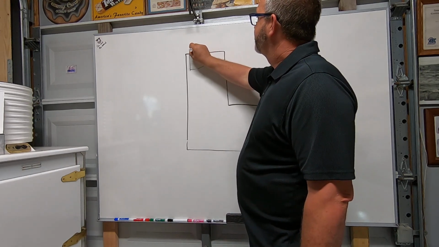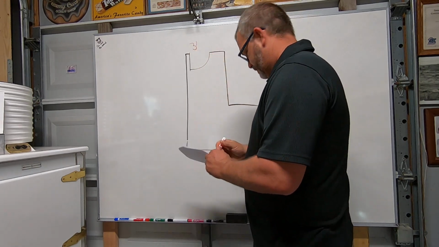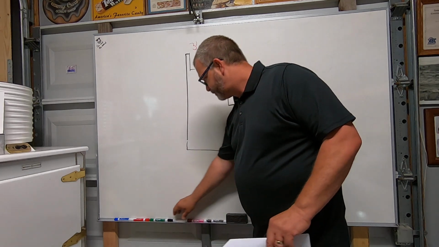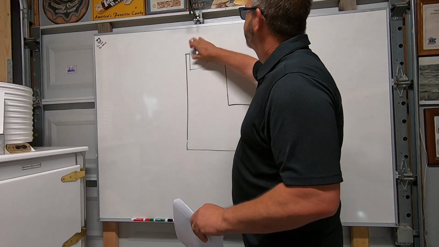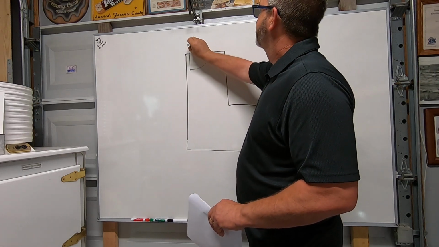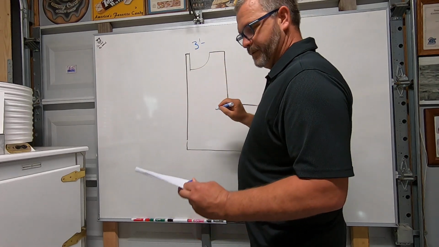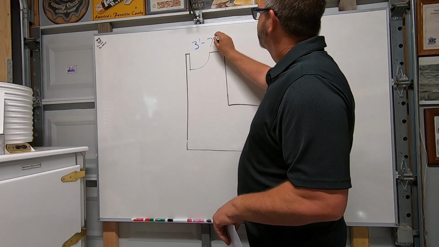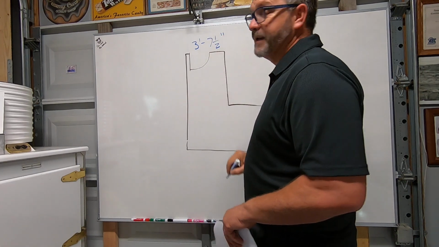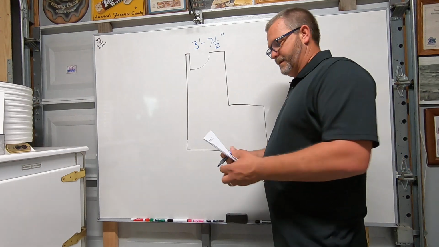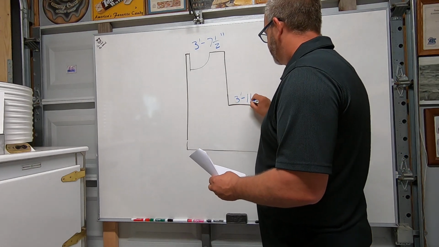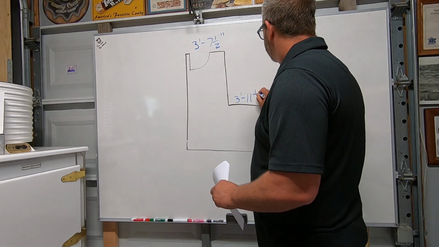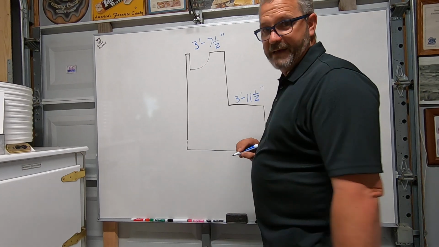Up here, 3 feet 7.5 inches. Over here, 3 feet 11.5 inches.